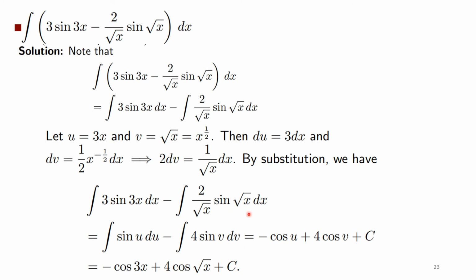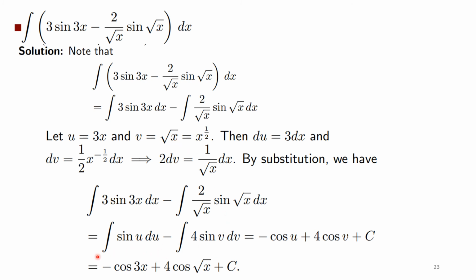Why? Because we have here 2 dv equal to 1 over square root of x dx, so 1 over square root of x dx is equal to 2 dv times 2. So you have 4 dv. And then you have sine of square root of x, and our v here is equal to square root of x, so you have sine v.